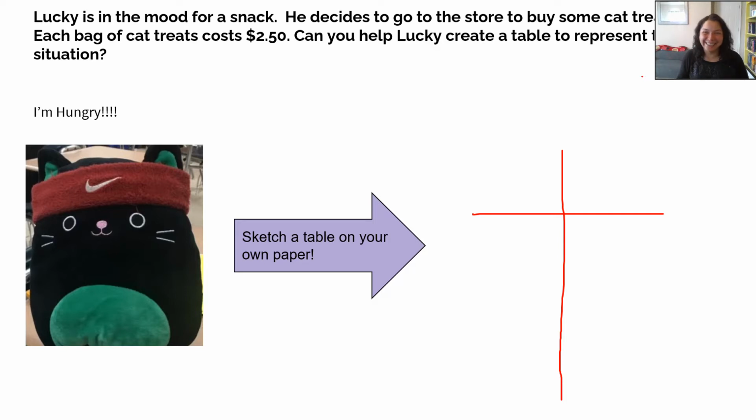All right. So usually what goes in here is X. And that means over here is our Y. Now, like I was stating in the video yesterday, we were talking about inputs and outputs. In this situation, our input should be our bag of treats.